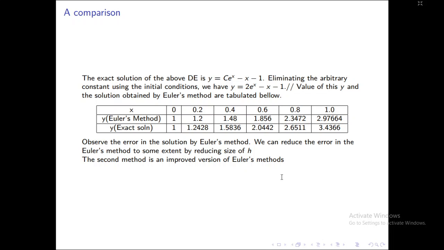Then we calculate the value of y using the exact expression 2 e raised to x minus x minus 1. That's the actual value of y corresponding to the value of x. And we tabulate it together with the value obtained by Euler's method in the following table.